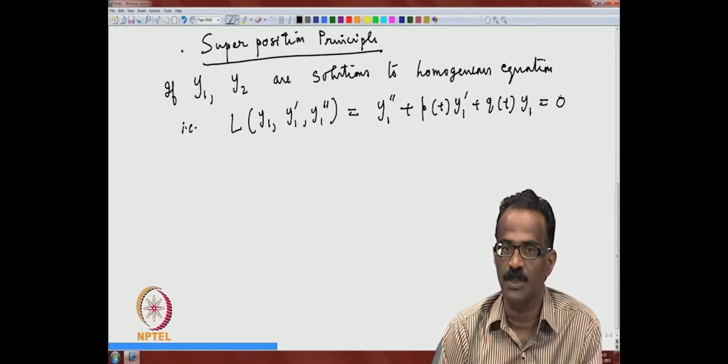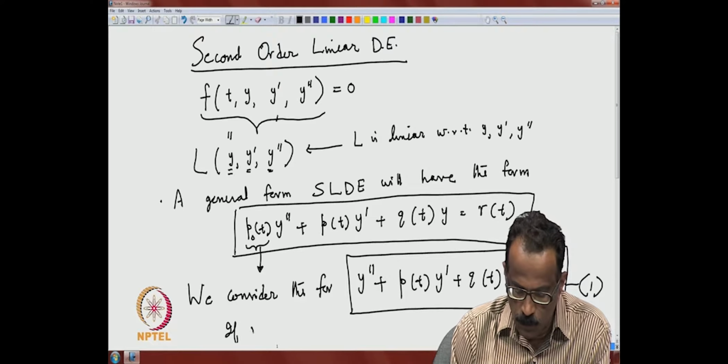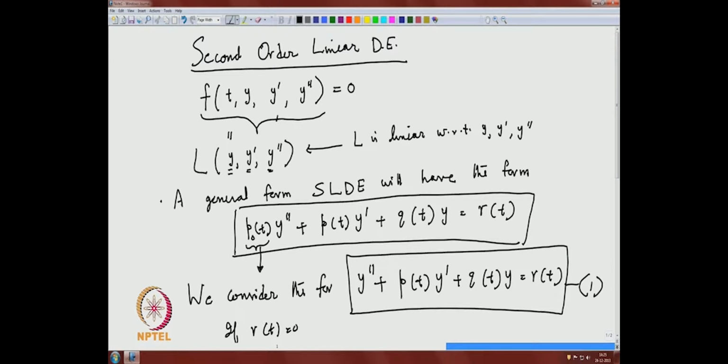That is a homogeneous equation. When r of t equal to 0 in this case, the equation is called homogeneous, otherwise non-homogeneous.